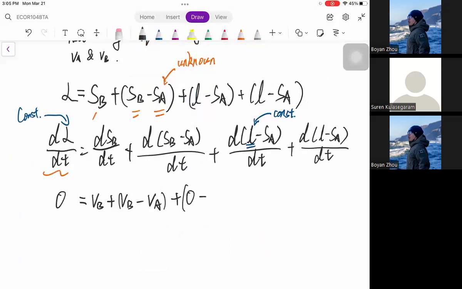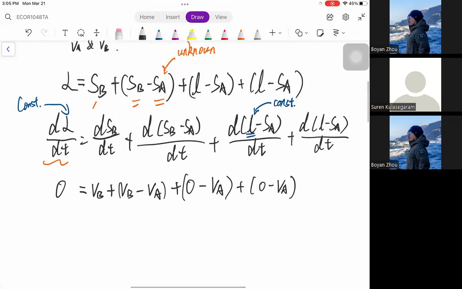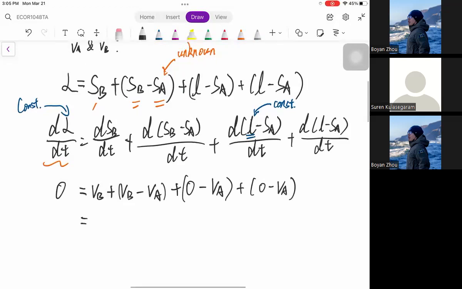And it's going to be a minus VA, from the derivative of SA. And the same thing. So we can simplify this one. We get 2 times VB minus 3 times VA is equal to 0.